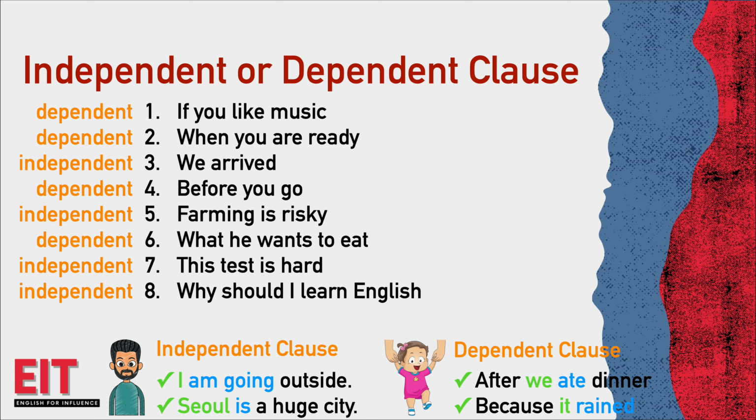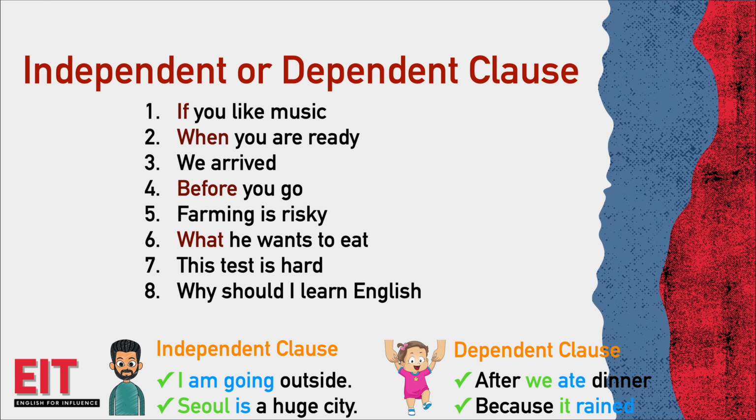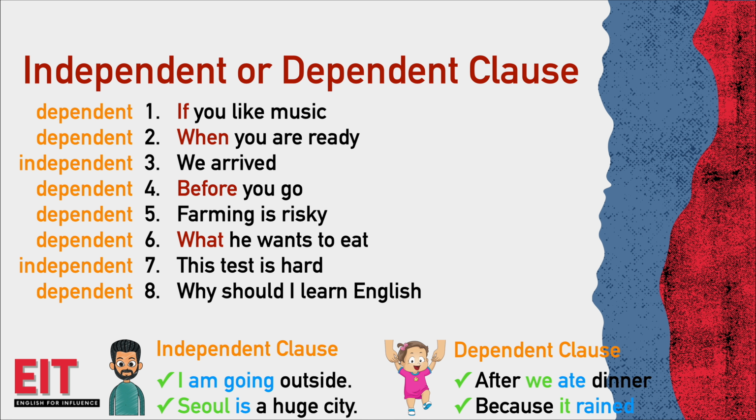The second test is look at the beginning of these clauses. If it begins with a subordinating conjunction, like if, when, before, because, and many more, then it's dependent and it needs to be attached to an independent clause.